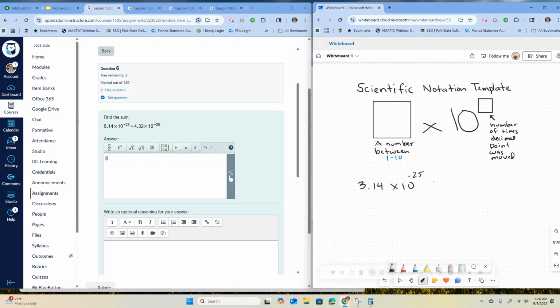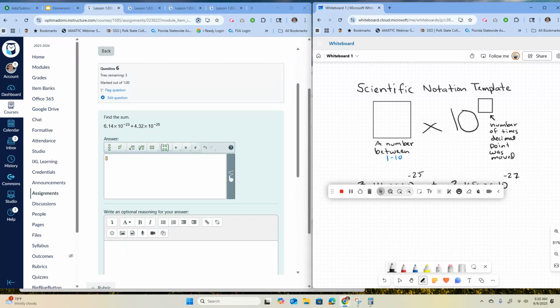And we're going to add, let's say, 2.48 times 10 to the negative 27th power. Okay. So two numbers in scientific notation that we're adding. I'm giving you a similar one like you're doing number 6.